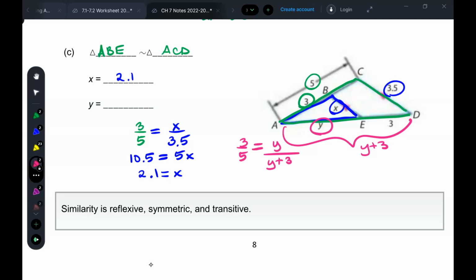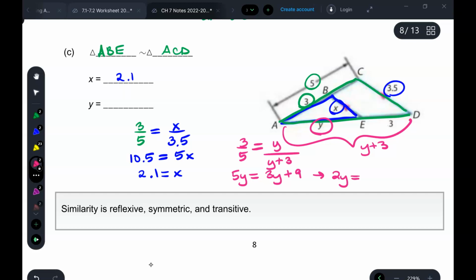Now we're gonna use 3 over 5 again to compare y over y plus 3. Now, could we have used 2.1 over 3.5? Yeah, but why would I want to work with decimals, right? So what did we get here? 4.5, or 9 halves? It's 4.5.